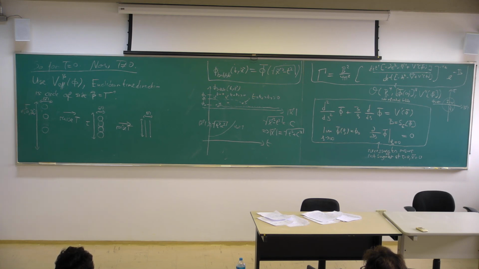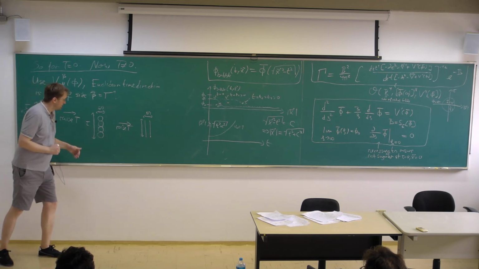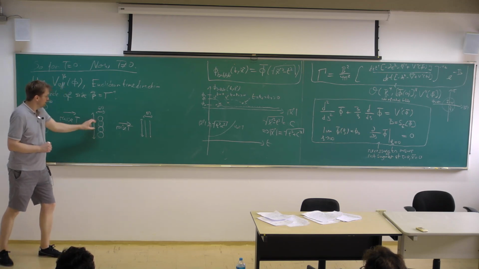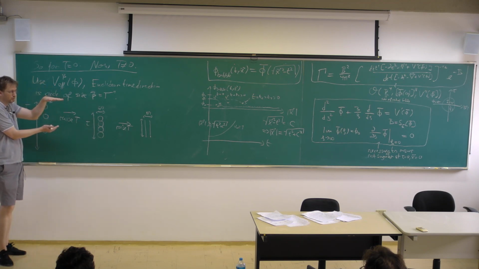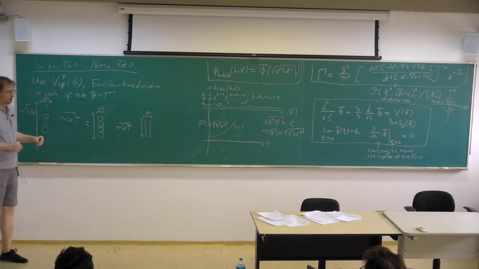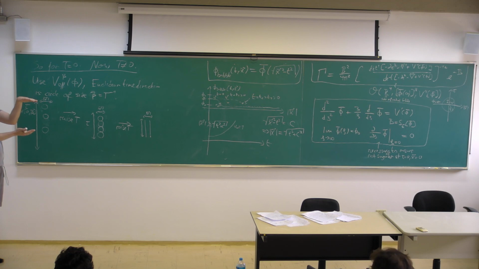As the time direction becomes smaller and smaller, you can just draw one instanton, and if you make the time direction small enough, it doesn't fit inside anymore. That's why, if you take this limit of very large temperatures, eventually the symmetry of the instantons will change from O4 to O3.